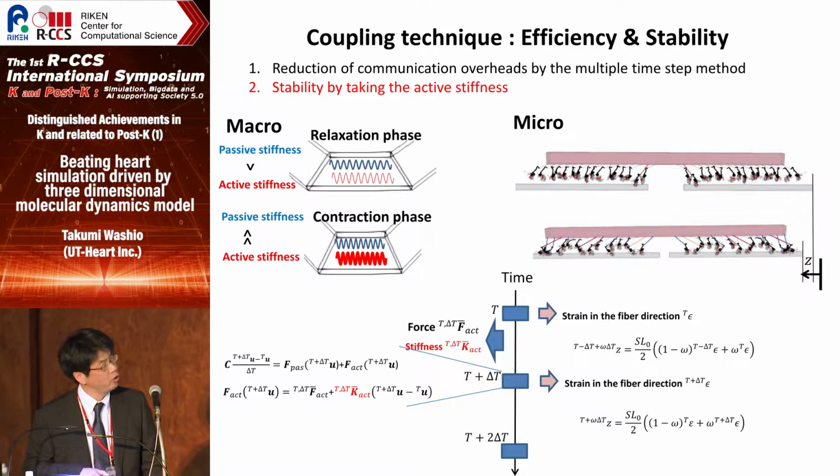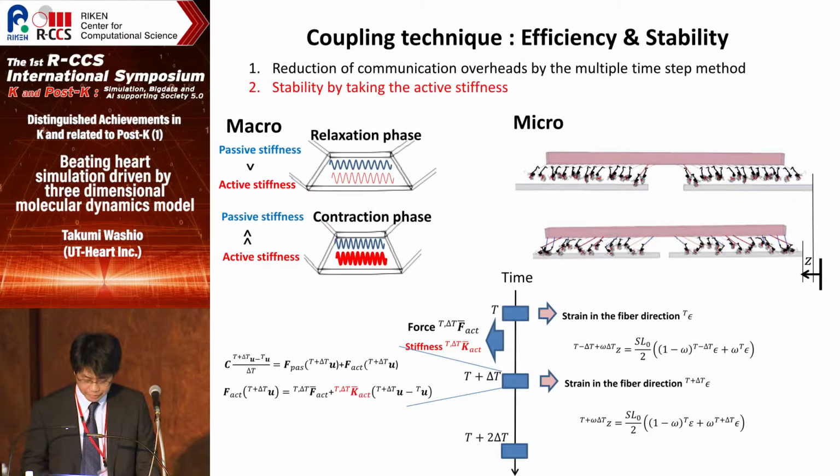And if you transfer only the force, you miss such stiffness of the muscles. So instead of sending contraction force alone to the macro scale, we also send the stiffness and redefine the contraction force by using this stiffness. Using this technique, we can apply very aggressive multiple time step strategies.